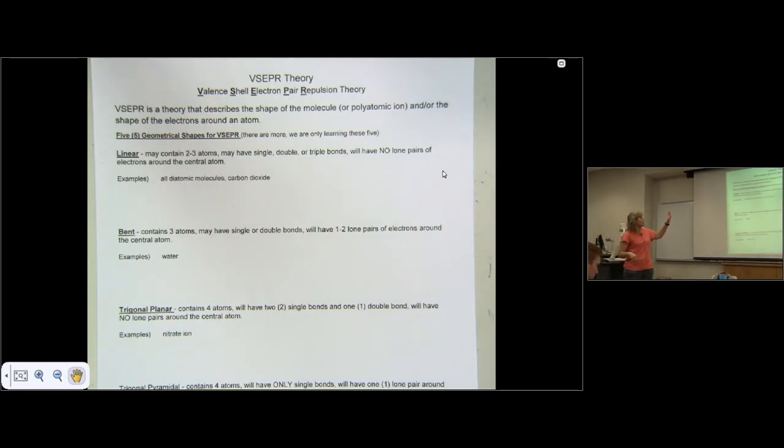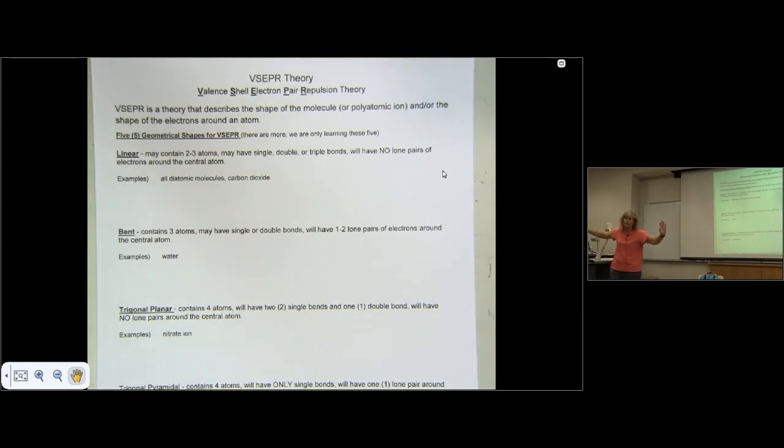So the VSEPR theory: valence shell, that's outer energy level, electrons, valence shell electrons that exist in pairs. So in other words, outer energy level electrons that exist in pairs do what to each other? Repel. Now, why am I standing here like this?